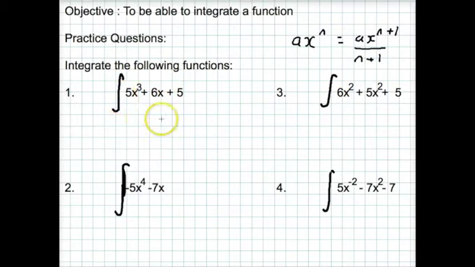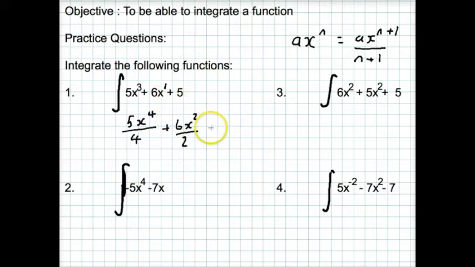So if we apply this onto these questions here, for question 1, the 3 is going to go up to a 4, so we end up with 5x to the power of 4, but then we must divide this by 4. The 6x, well initially that's 6x to the 1, so that would go up to 6x squared, but then of course it needs to be divided by 2 as well.